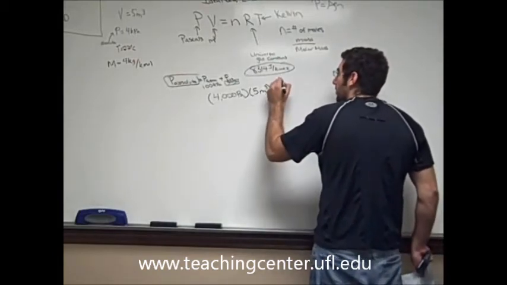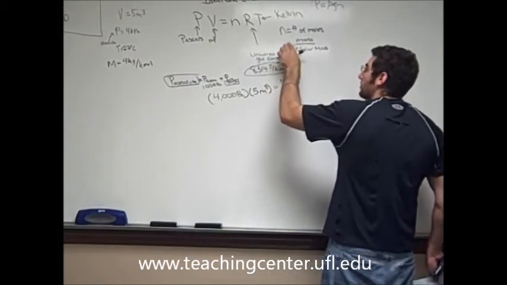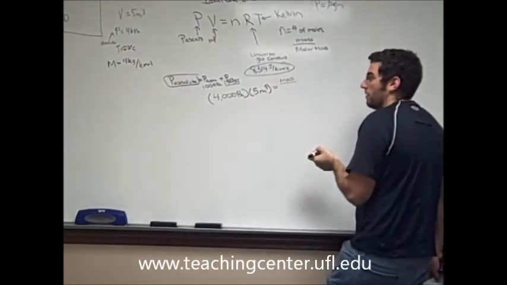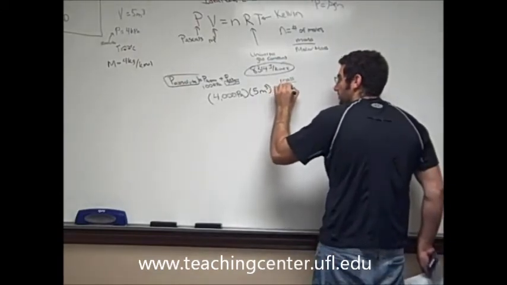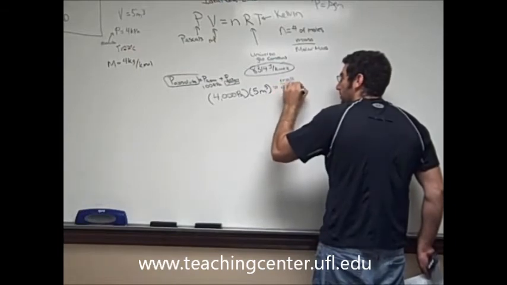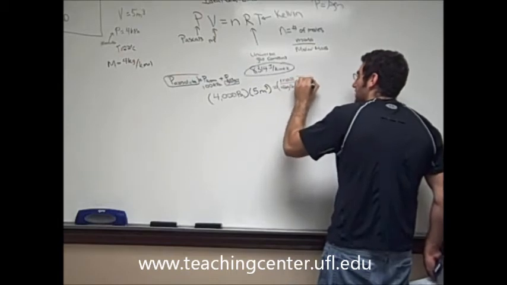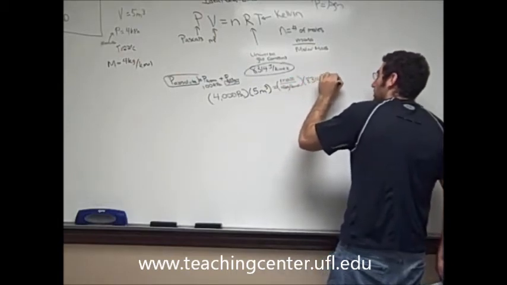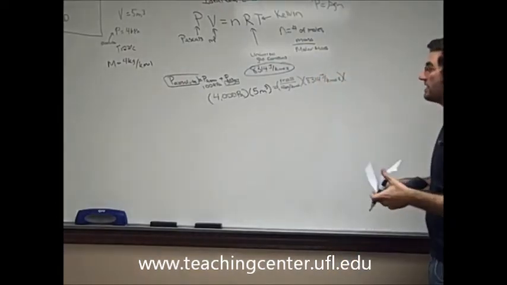We know that we're looking for a mass. And we already said that N is equal to mass over the molar mass. So, mass is what we're looking for, and the molar mass is 4 kilograms per kilomole. Plug in R, which is 8,314 joules per kilomole Kelvin, and temperature has to be in Kelvin.